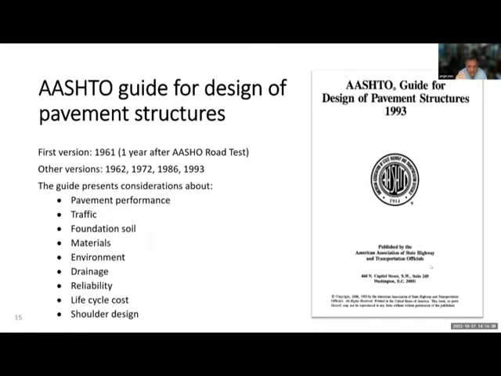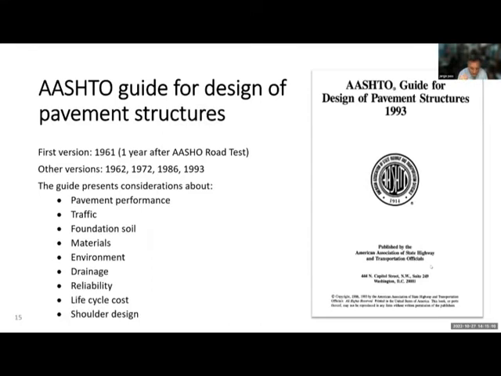The guide presents consideration about the main topics for pavement design. Starting with pavement performance, traffic, foundation in terms of the characterization of the soil and how the soil is defined for design, the performance of the materials, environment, drainage, reliability, life cycle cost, and shoulder design.